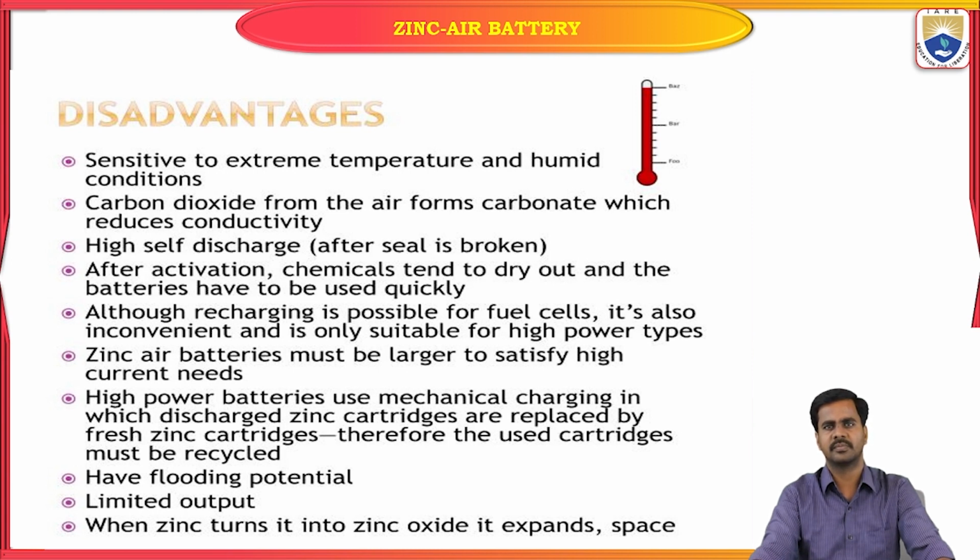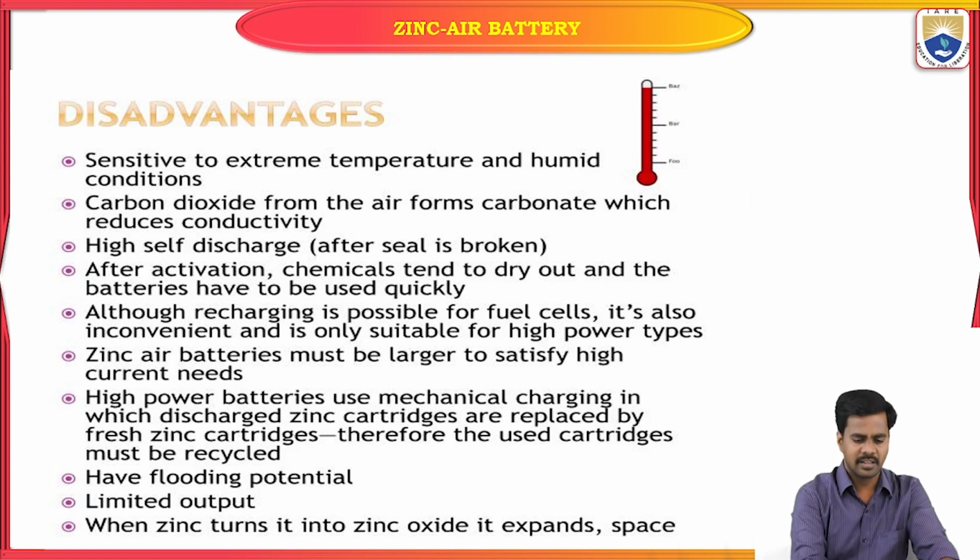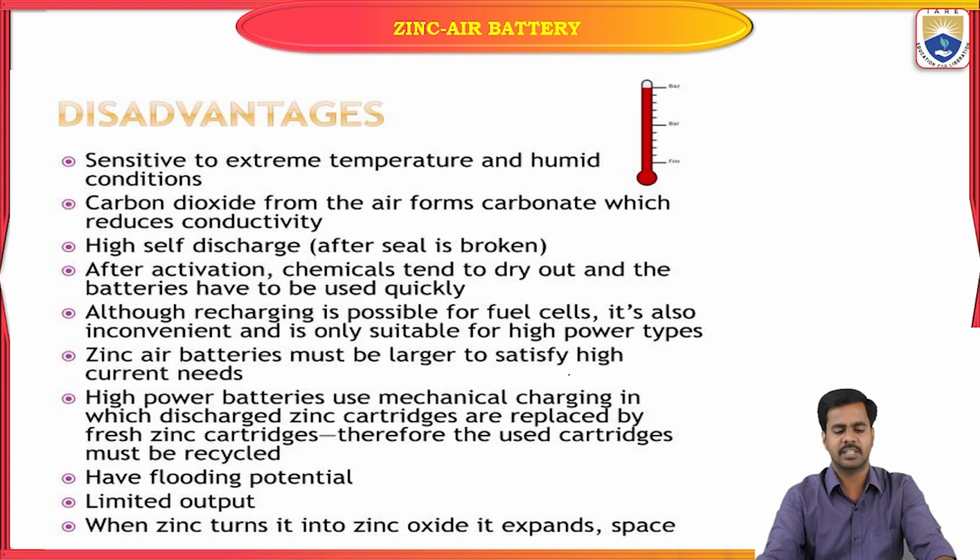Although recharging is possible for fuel cells, it is also inconvenient and it is only suitable for high power types. And zinc air batteries must be larger to satisfy high current needs.